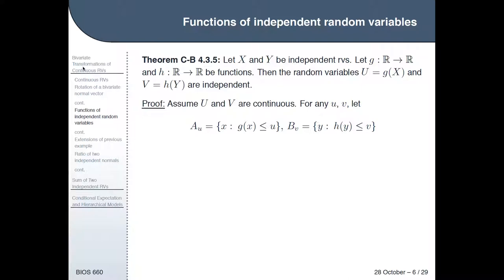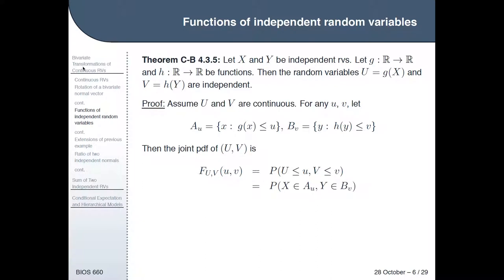B sub v is the y's such that h of y is less than or equal to v. So the joint CDF of U and V, by definition, is the probability U is less than or equal to u and V is less than or equal to v, which of course is just the probability that X is in A sub u and Y is in B sub v, based on the way we defined A sub u and B sub v.